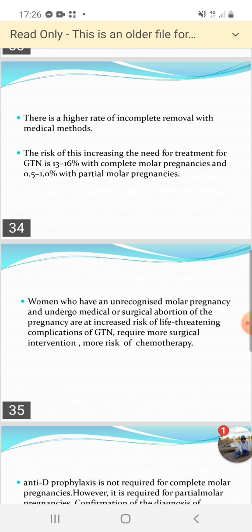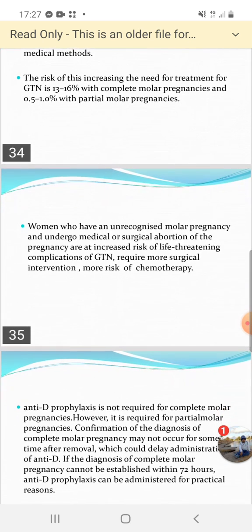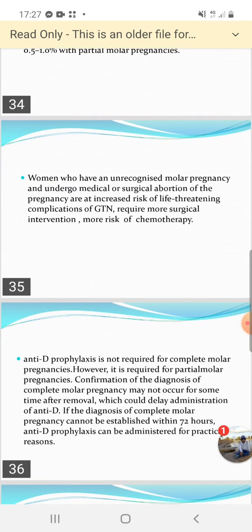That's why we go for suction. And in the medical methods, the uterus is contracting, so there's more chance for embolization. The risk of needing treatment for GTN is 13 to 16% with complete molar pregnancies and 0.5 to 1% with partial molar pregnancies.